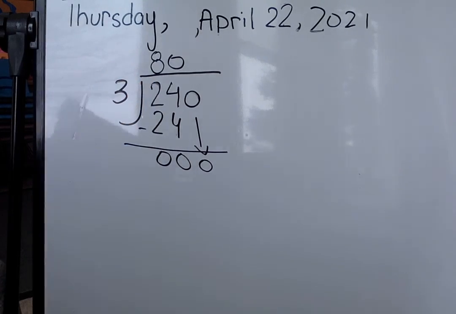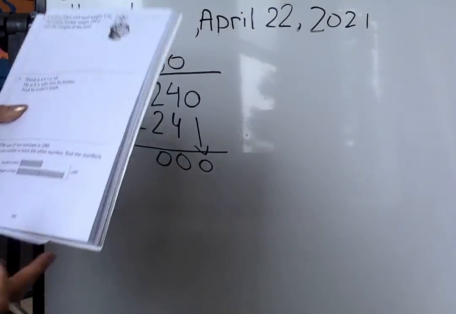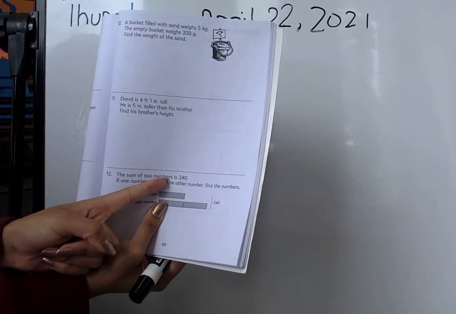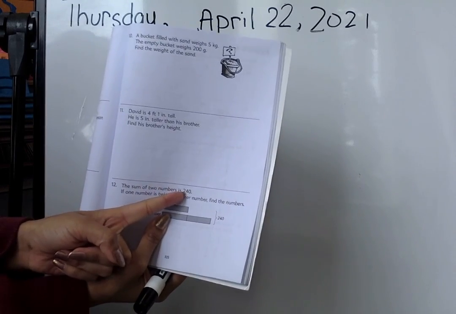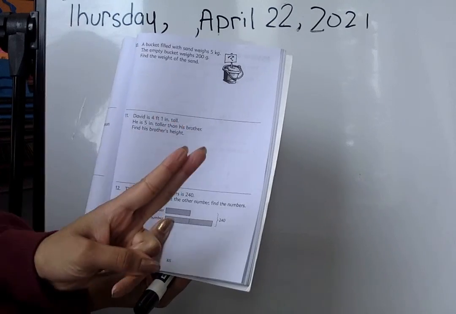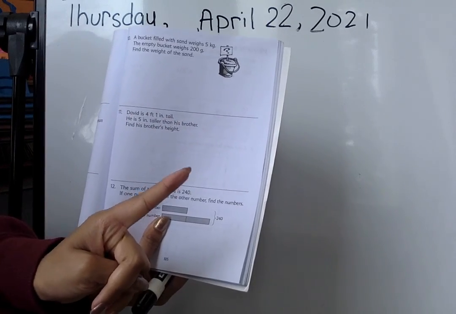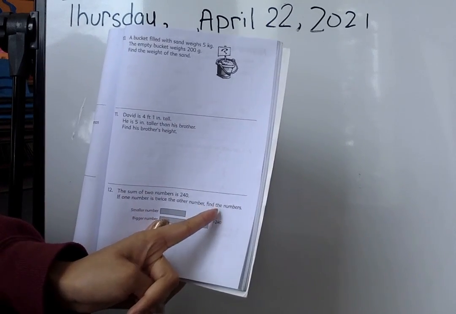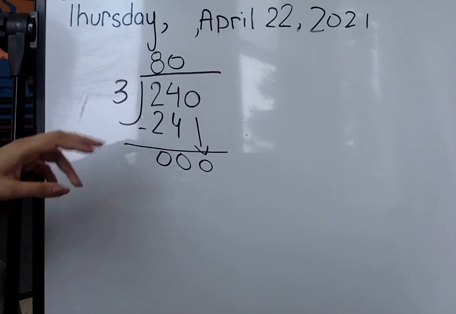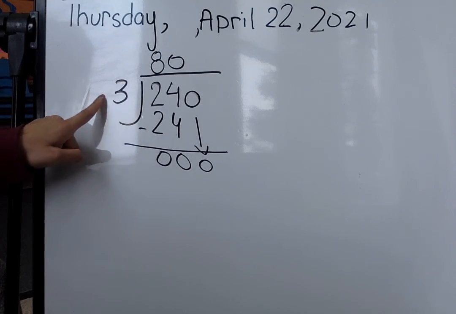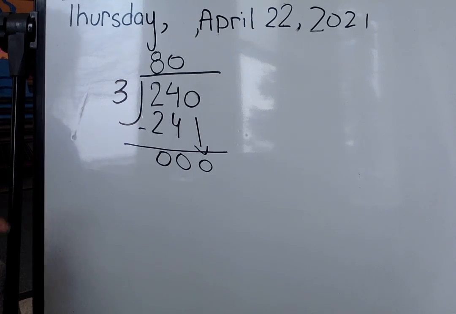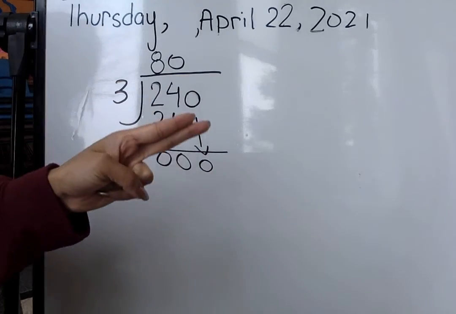Now this is a 2-part problem. So we found the first part. The sum of 2 numbers is 240. If one number is twice the other number, find the numbers. So that means we found one of the numbers. There are 3 numbers, the reason being we said one of the numbers is twice as much.